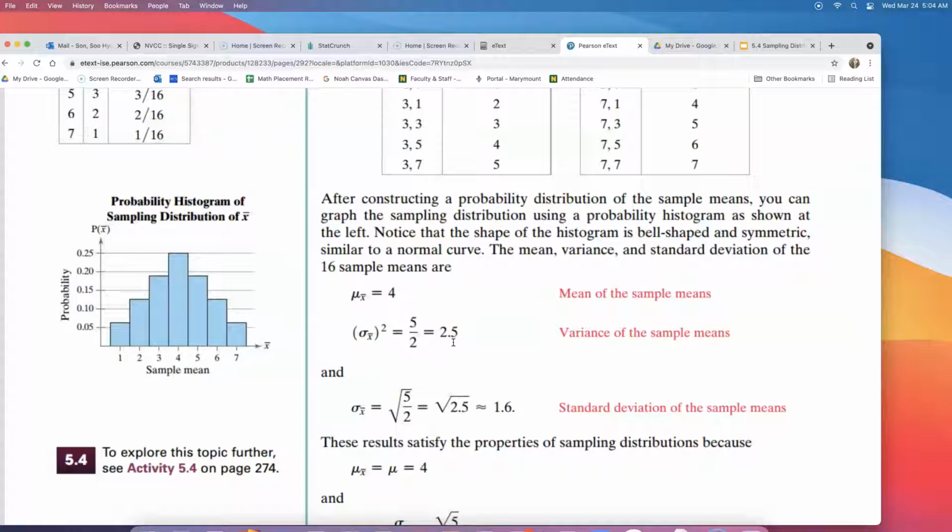Mean, variance, standard deviation of the 16 sample means are. They really didn't explain. They just gave it to us, didn't they? I can see how they got 4, but it's a perfectly reasonable question to wonder how you get 2.5 for the variance. And it looks like what they did was 5 divided by 2.